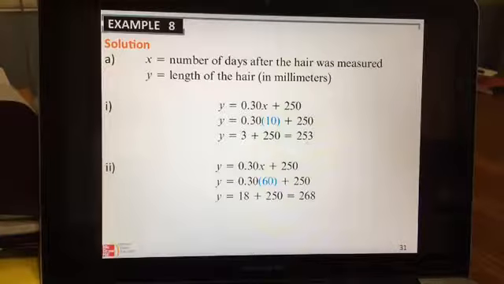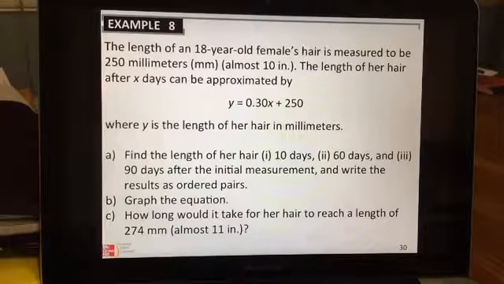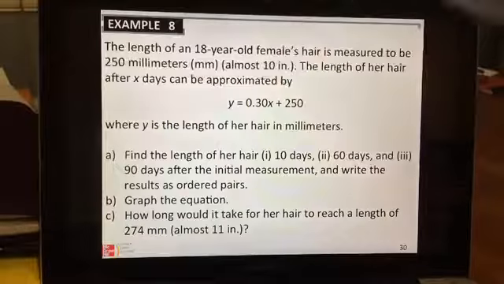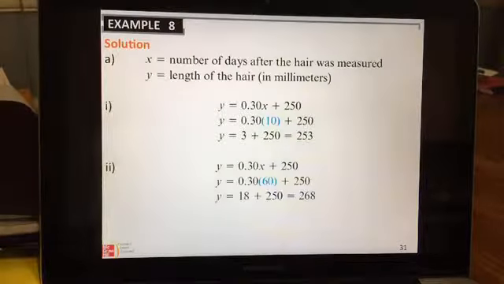So here is the solution. x is the number of days after the hair was measured. y was the length of the hair in millimeters. Okay, so notice that she started with her hair being measured at 250 millimeters. Of course, the length it's going to be after this number of days is going to depend on where it was to start with.